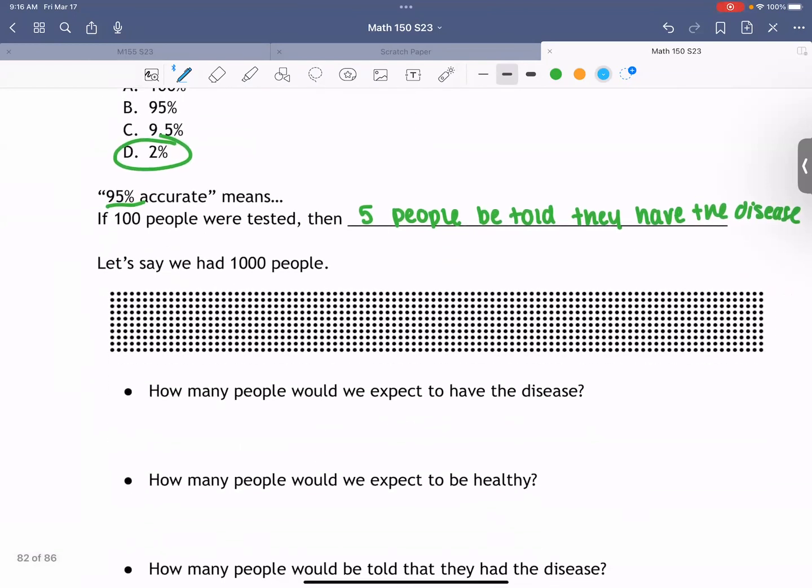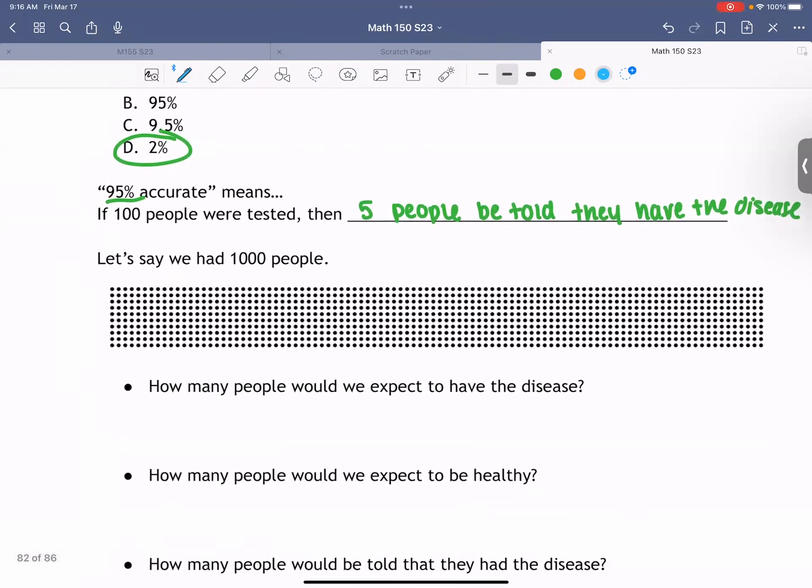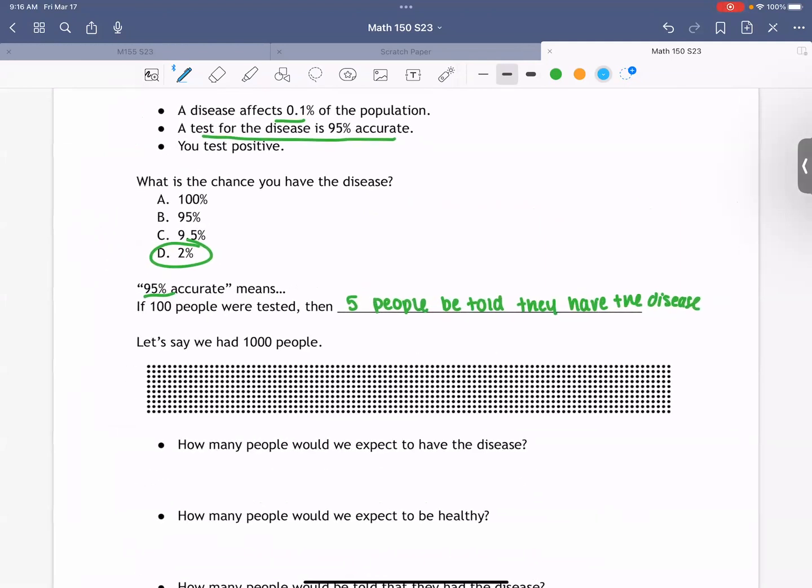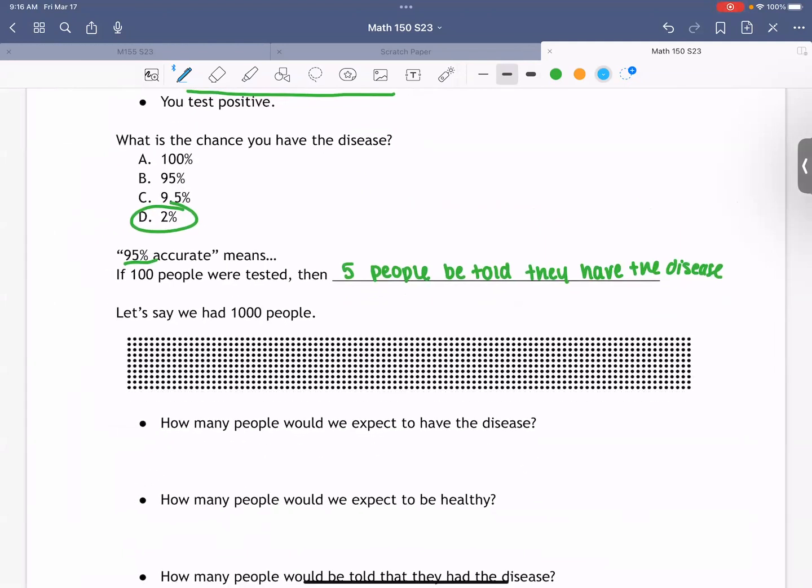All right, so here's my first question. Out of 1,000 people, I know the disease has a 0.1% chance of having the disease. So how many people would I expect to actually have the disease out of 1,000? Or at least, how would I figure that out?